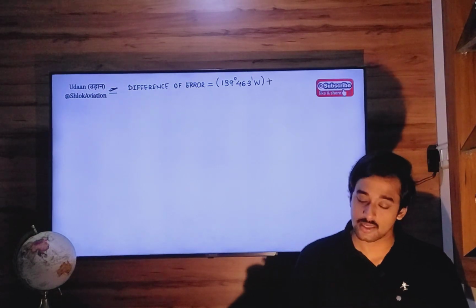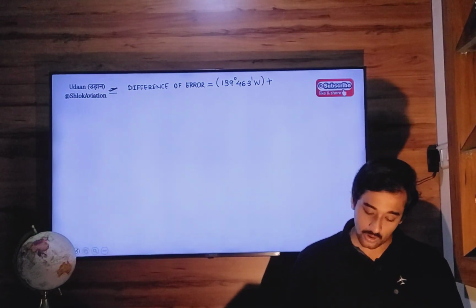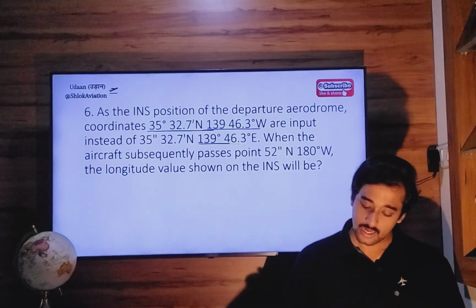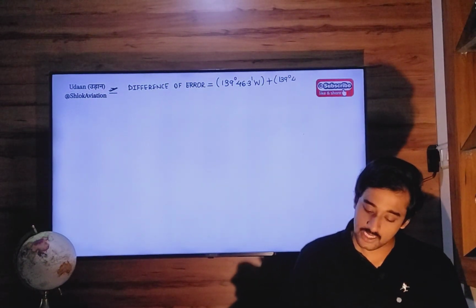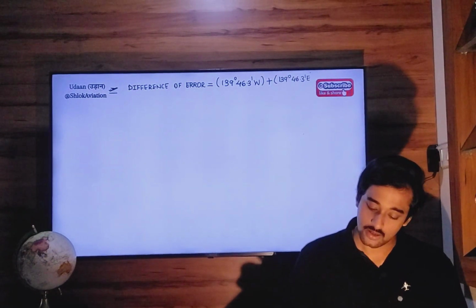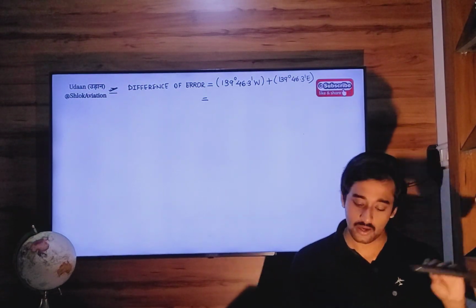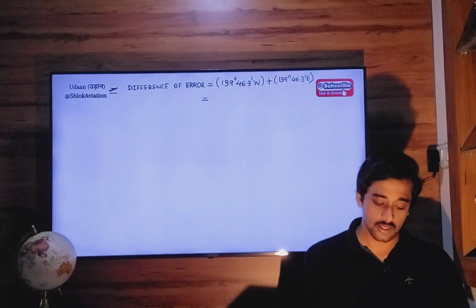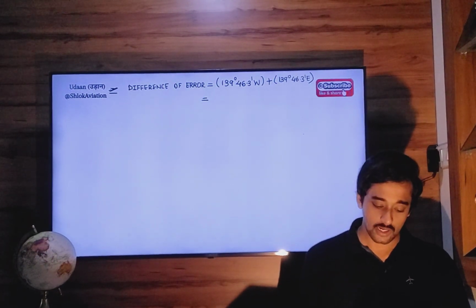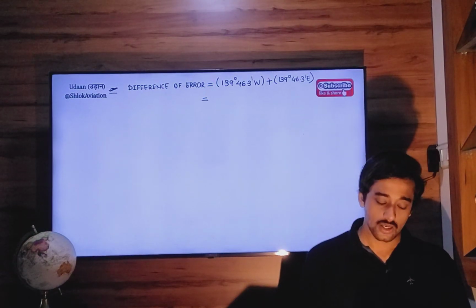Since both are in different hemispheres, we are going to add the difference between them. And the same 139 degree 46.3 minutes east. So when you add that, the difference will be equal to 139 degree 46.3 minutes plus 139 degree 46.3 minutes.